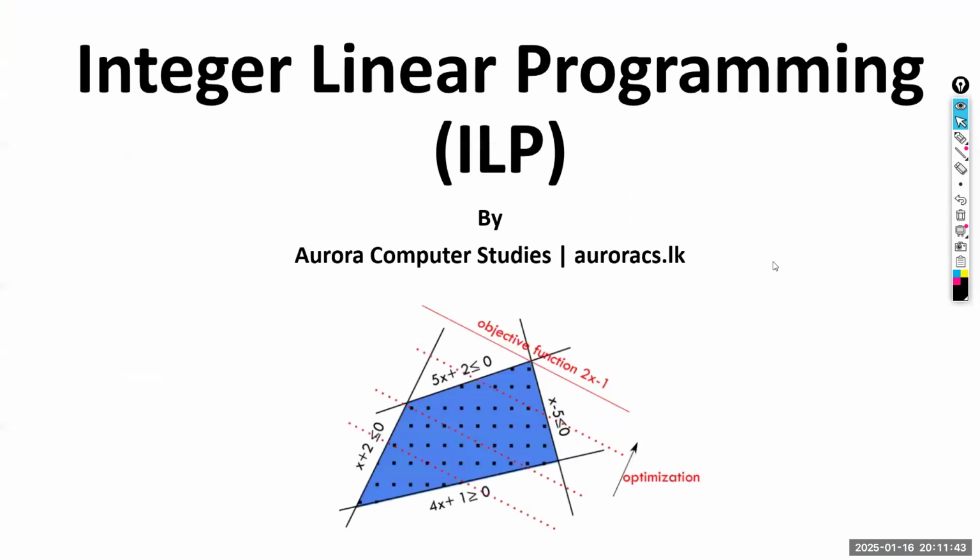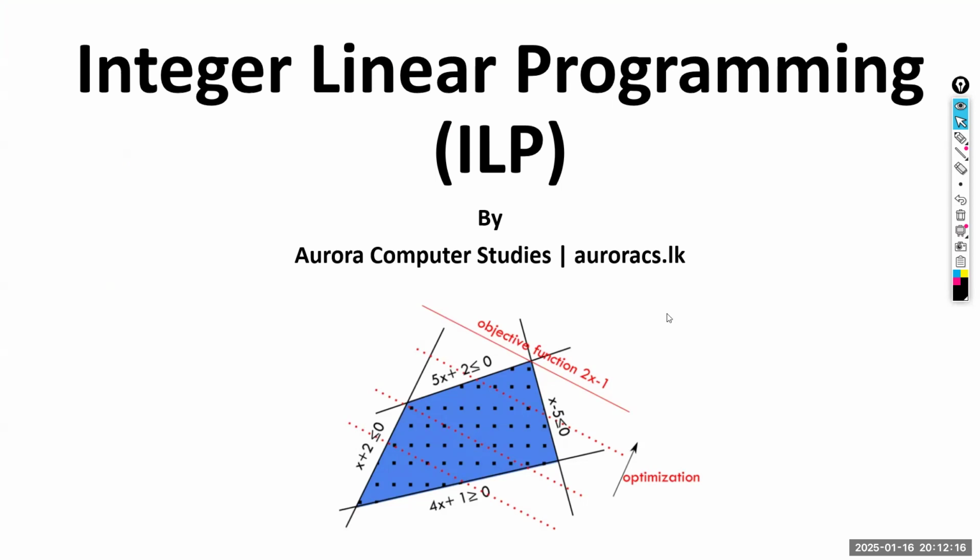Right. So integer programming is a subset of linear programming. In linear programming, we want to optimize something whose value can be a decimal value, and so on. Maybe profit can be decimal, and also the constraints can be decimal. Maybe labor hours, either 2.5 hours, 10 hours, or 9.8 hours.